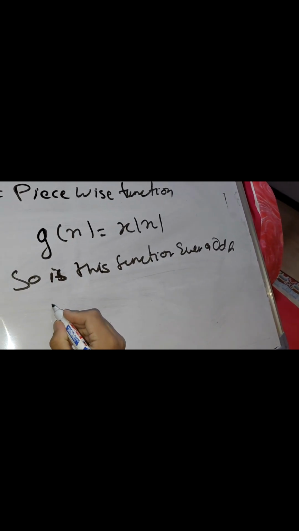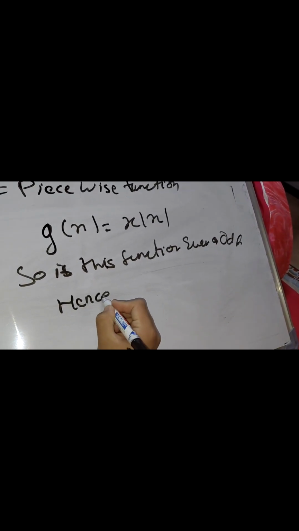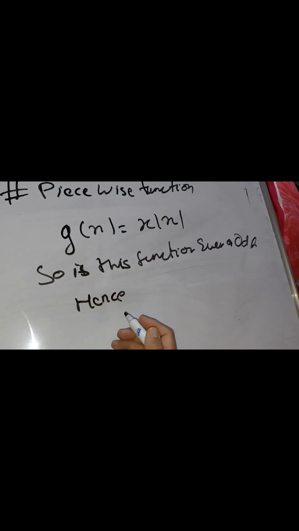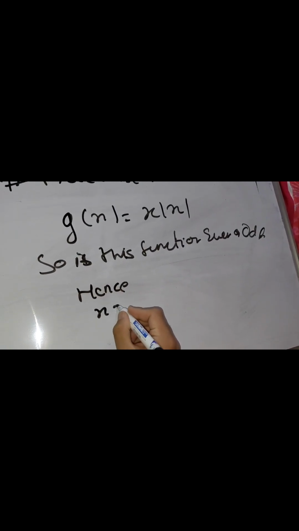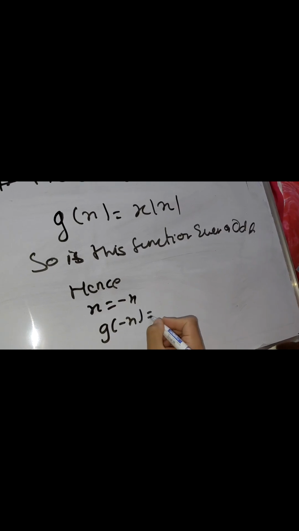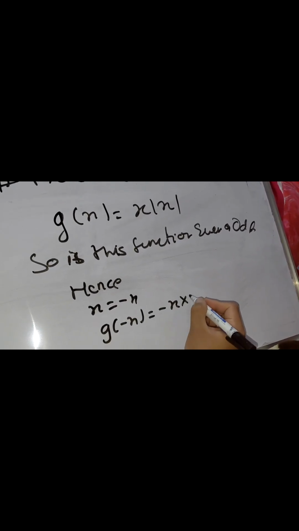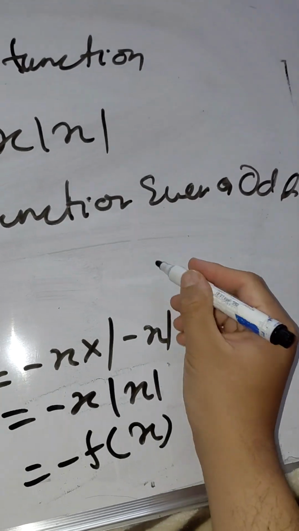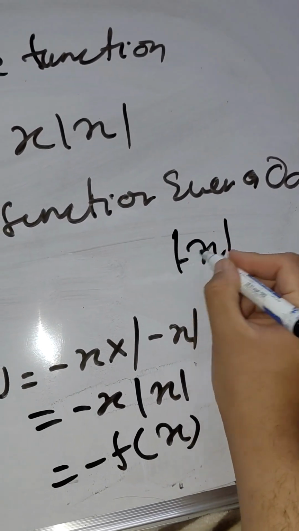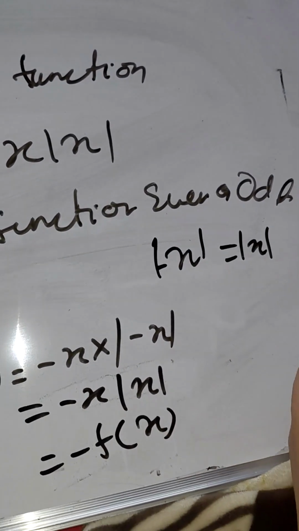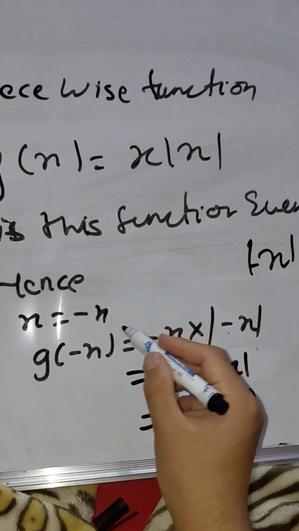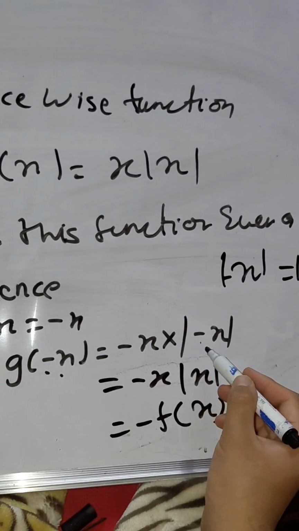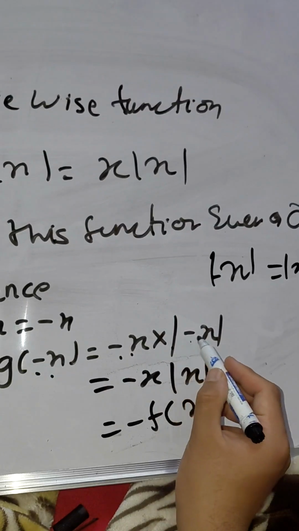So hence g of x, when x is equals to minus x, g of minus x is equals to minus x times mod of minus x.